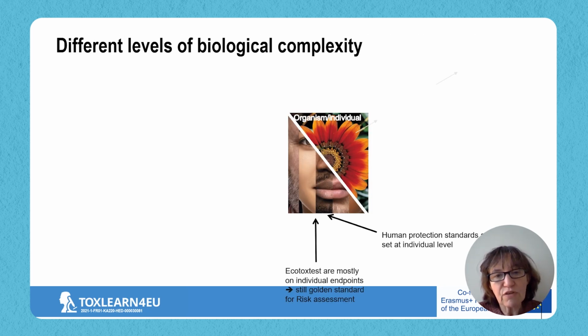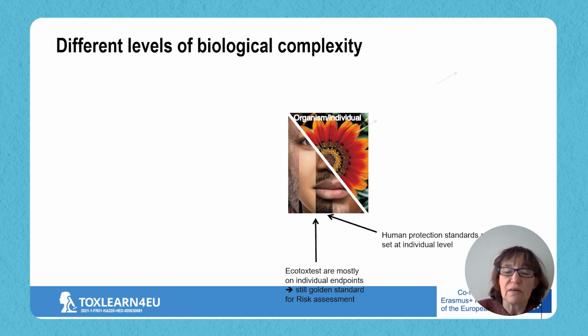So different levels of biological complexity, I have already mentioned it a few times. Normally, if we look at ecotox tests or at what happens in the lab, often the individual or one organism is studied. So for example, the endpoints that I mentioned, like reproduction or growth, that is done at the organism or population level max.